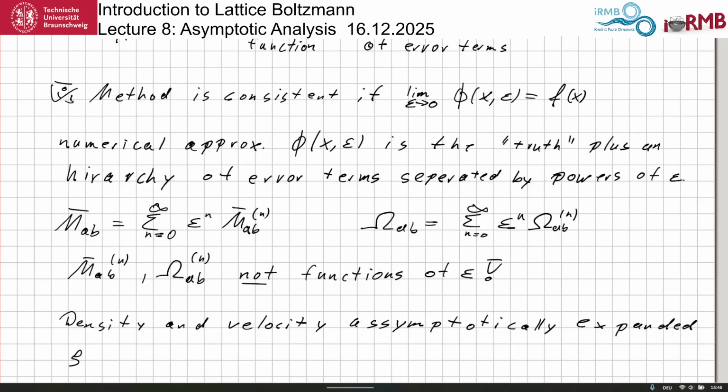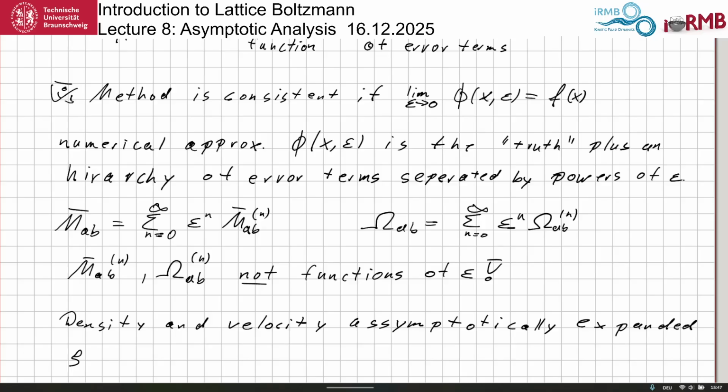The density rho, when I do not write any order, is the thing that comes out of the simulation. That's the numerical result, which is not the result we are looking for. We are looking for the result minus the error.